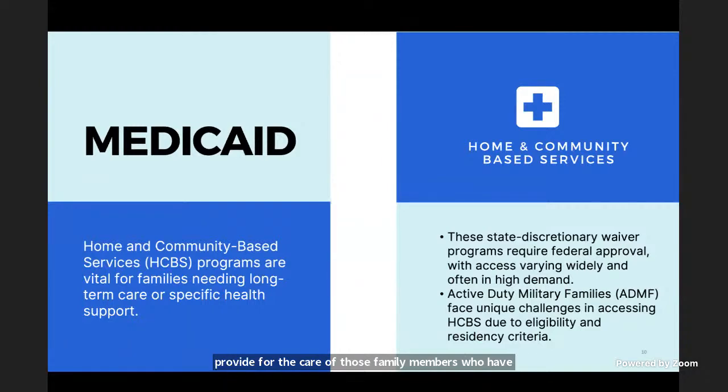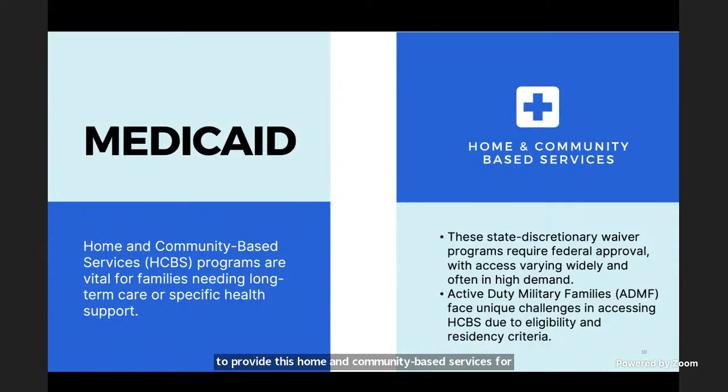What's happened with Medicaid is that over the last 20 or 30 years, as I was mentioning, the federal government has allowed state Medicaid programs to develop what are called waiver programs. These are state discretionary waiver programs which require federal approval. And the idea behind this is that the states have developed models to provide home and community-based services for folks with special health care needs, long-term care needs, and so on.